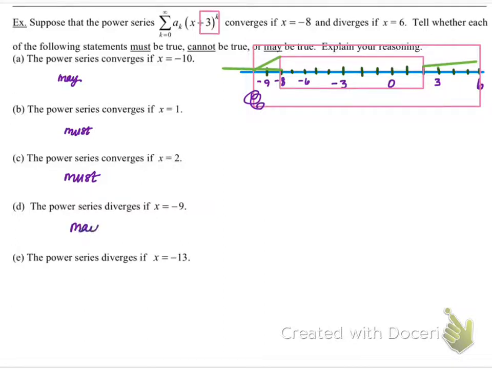Well, -13 is way beyond the scope, and let me make a more appropriate box here. We need to go 1, 2, 3, 4 away, so we're going all the way down to -3 minus 9, which is -12.